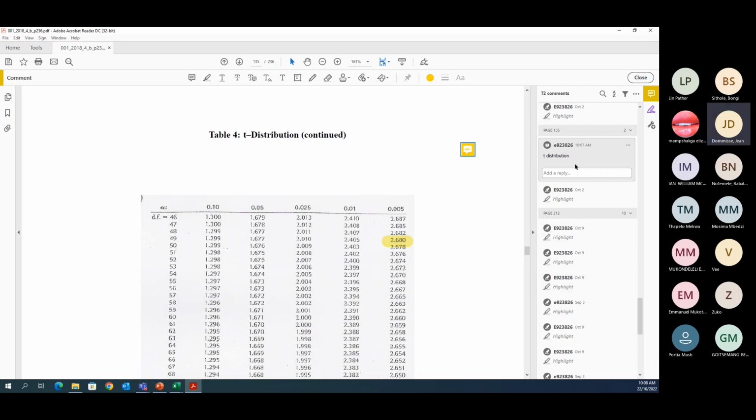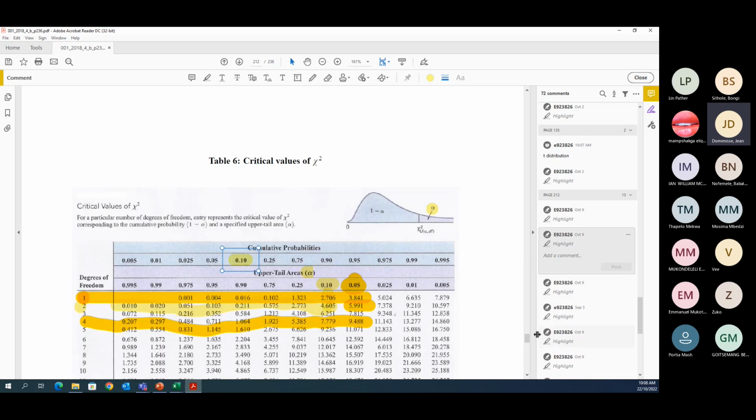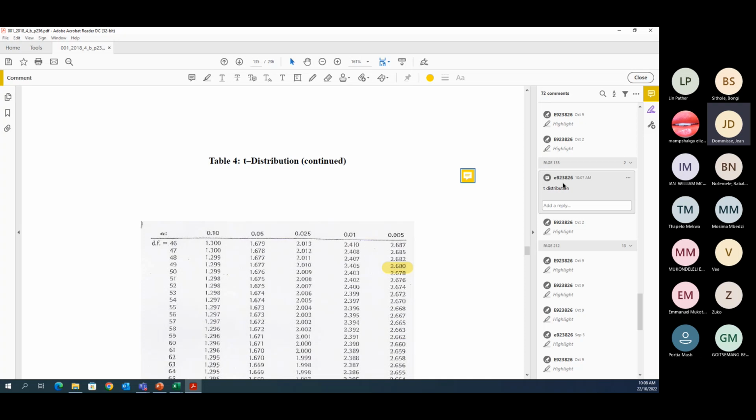You will see T distribution or Z, and if you click it, it goes automatically to that section. So that is what I would do, if it's possible for you. But I will send what I've got as well. Sometimes it's just not as clear as in the study guide.